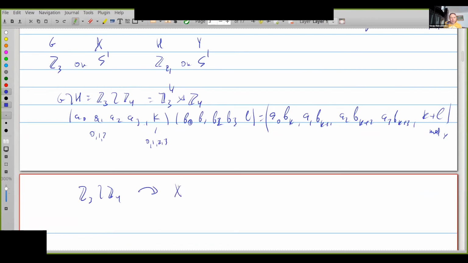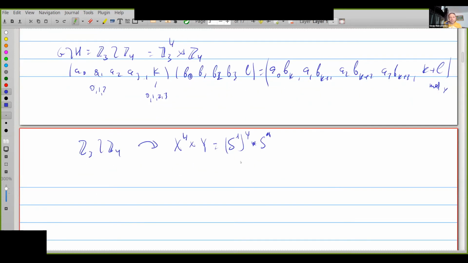I need to take X to the power 4 because I have 4 elements, and Y. This means that I take the circle to the power 4 multiplied again by a circle. What is interesting is that if we consider only the actions of cyclic groups on the circle, then I always have an action of this group on the torus.